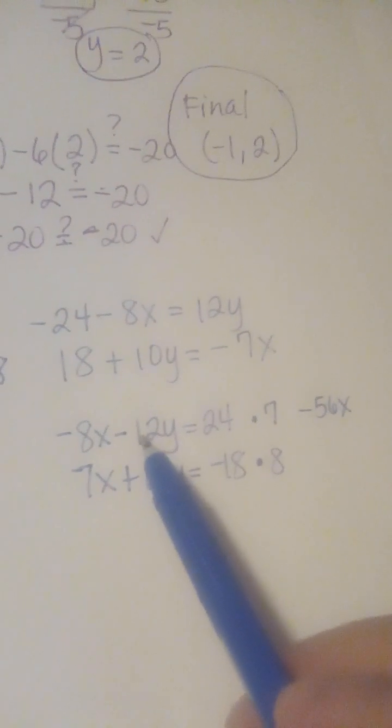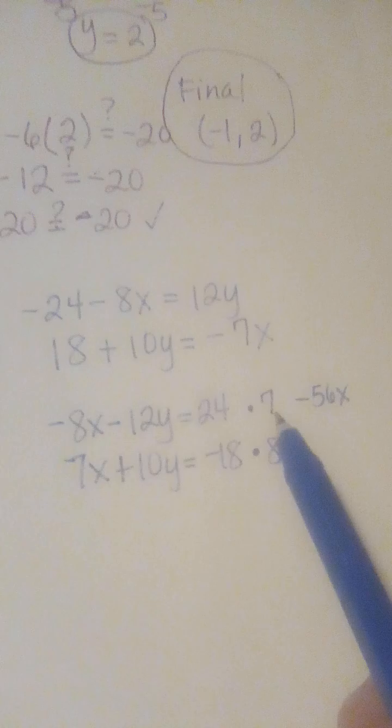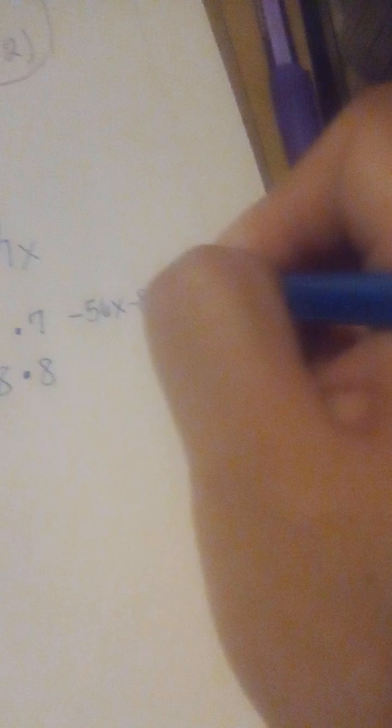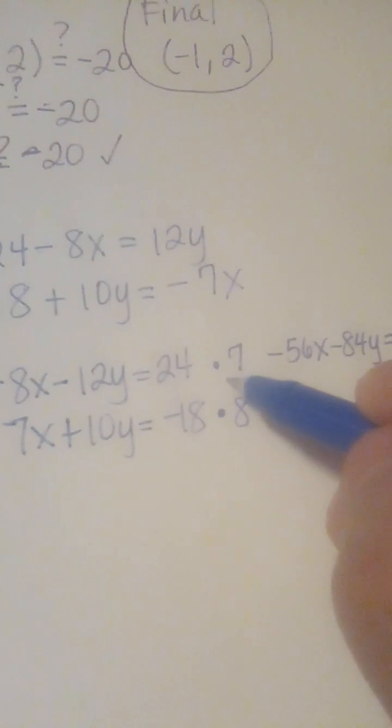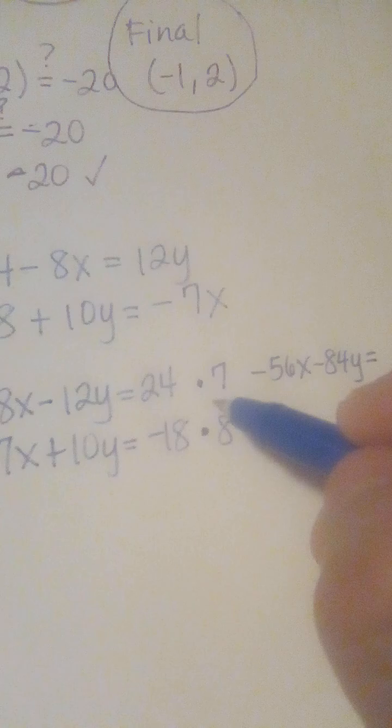Negative 8 times 7 is a negative 56x. Then we have a negative 12 times 7 is a negative 84y. And then we got 24 times 7 that gives us 168.